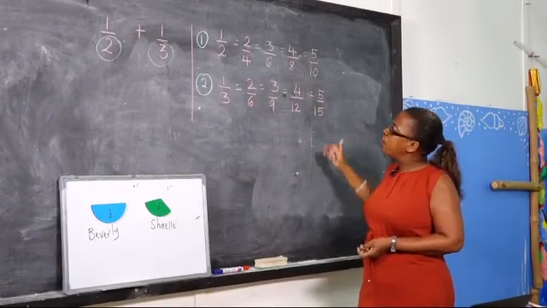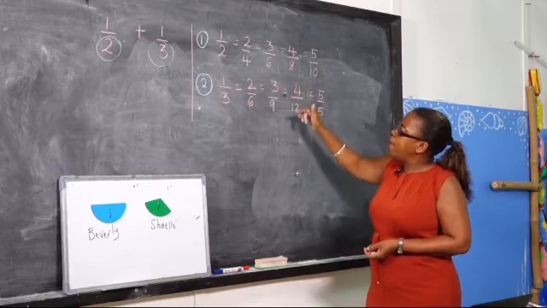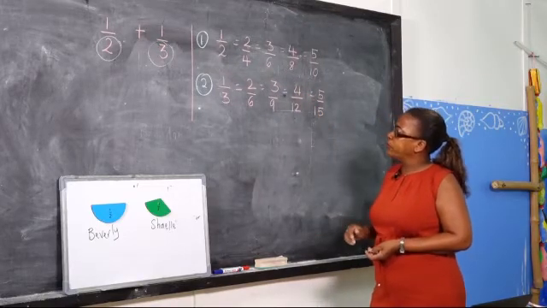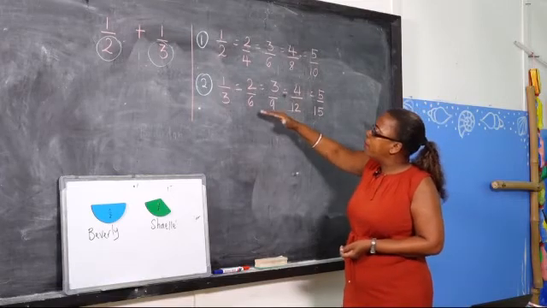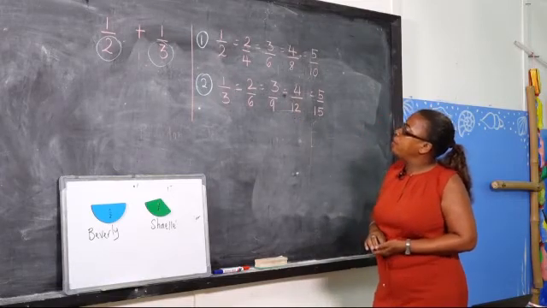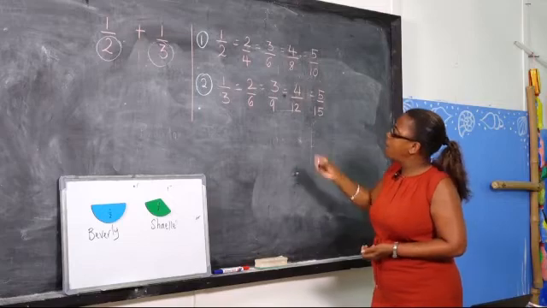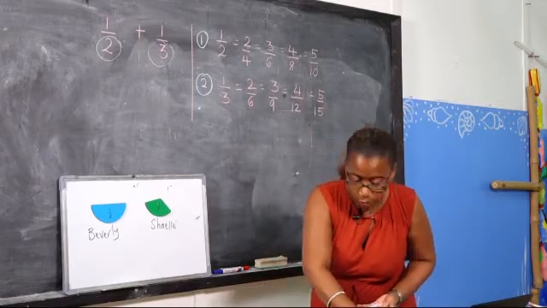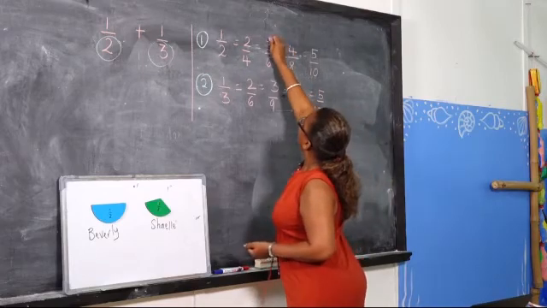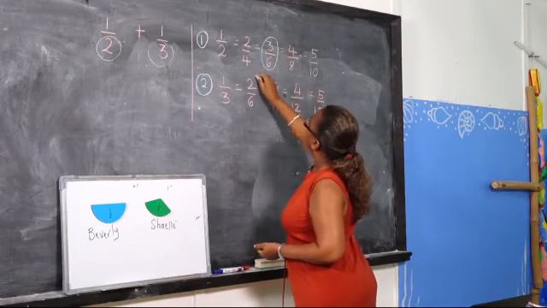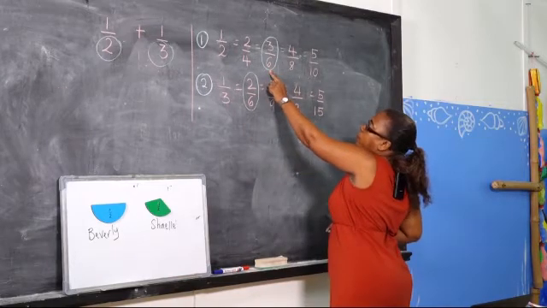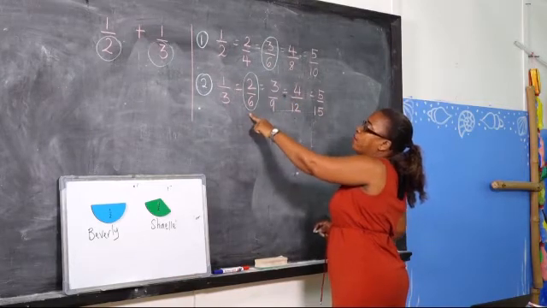Now, let us look if there is a common denominator. Okay, the number at the bottom. Let us see. Yes, we have. Okay, 6th here and 6th there.